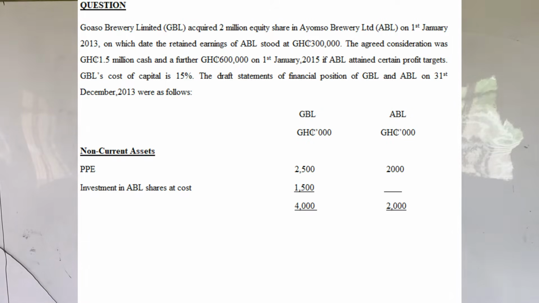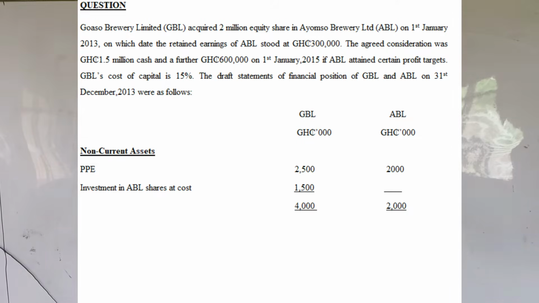The agreed consideration was 1.5 million cash and a further 600,000 Ghana cedis on 1st January 2015 if ABL attained certain profit targets. So that is a contingent consideration. We move on. GBL's cost of capital is 15%. The draft statements of financial position of GBL and ABL on 31st December 2013 were as follows.